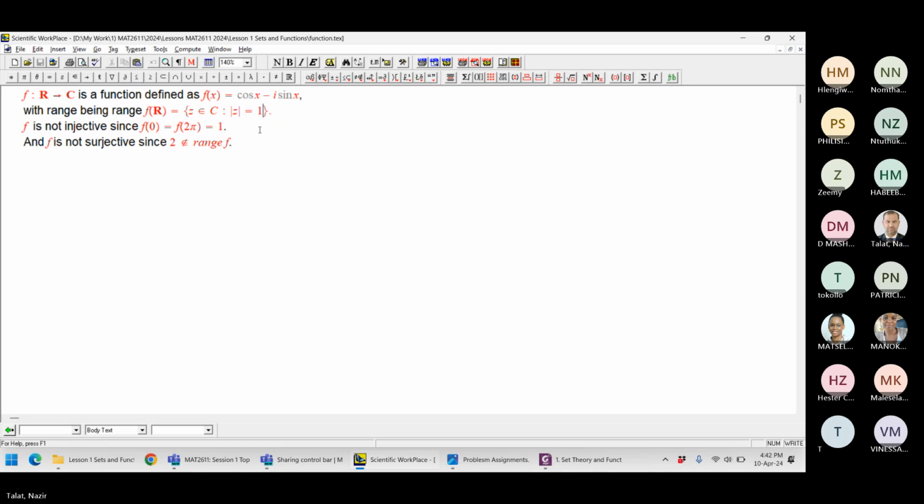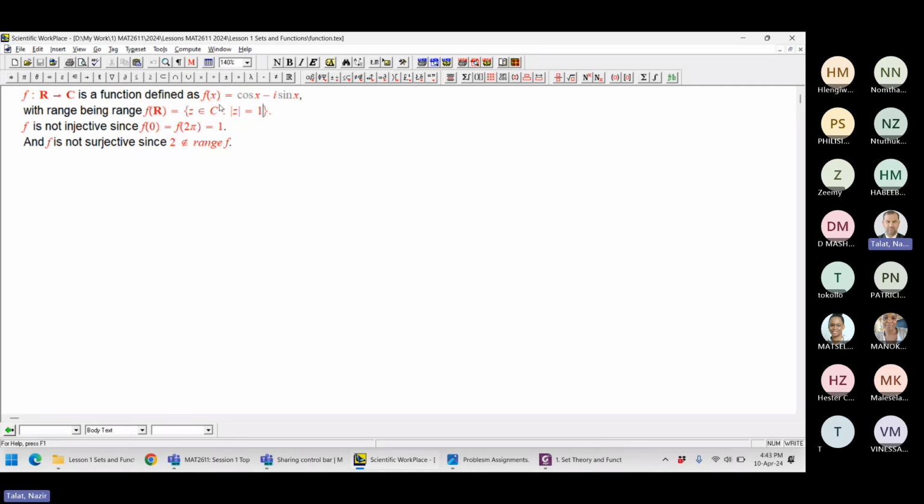And f of 0 is equal to cos 0 minus iota sin 0, which is equal to cos 0, and cos 0 is 1. And also f of 2 pi is equal to 1.